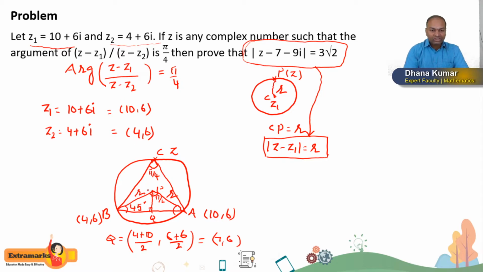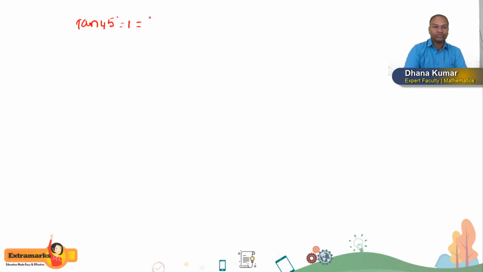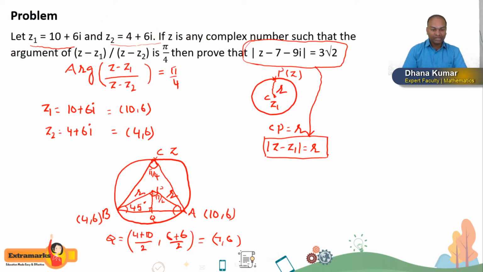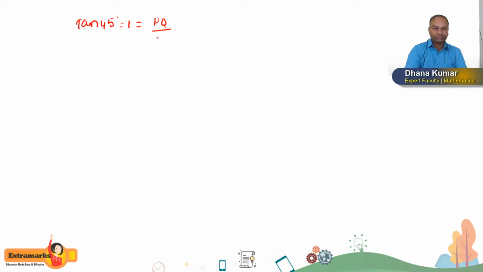So opposite side is what? PQ. Adjacent side is BQ. So PQ by BQ. Fine.